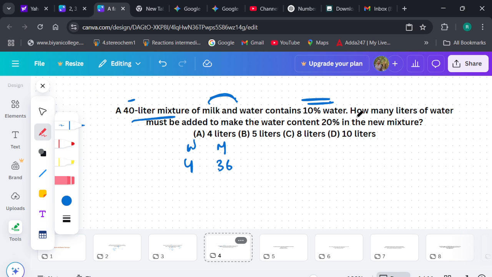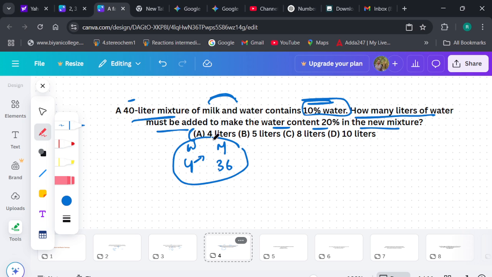Now, how many liters of water must be added to make the water content 20 percent in the new mixture? It will not be directly that if 4 is 10 percent, 8 will be 20 percent. That is not how it works, because I'll show you.